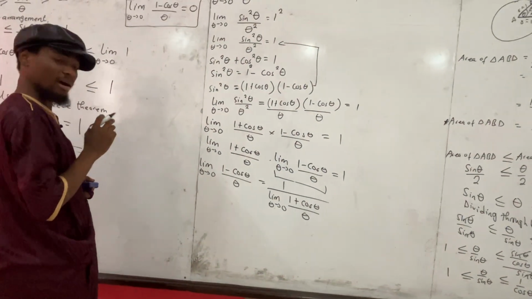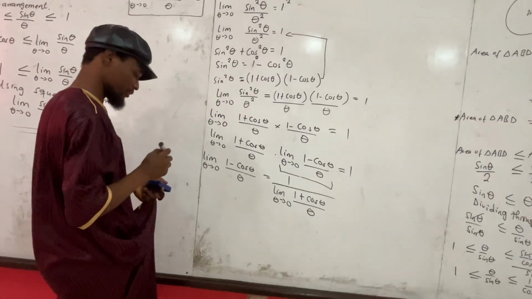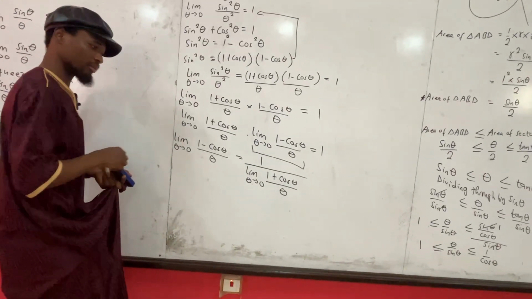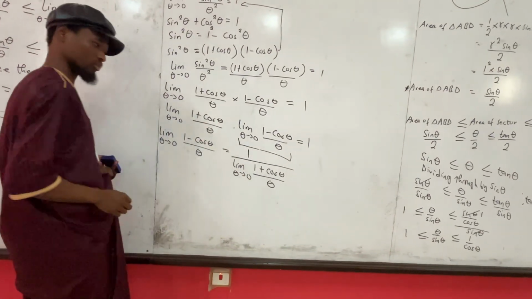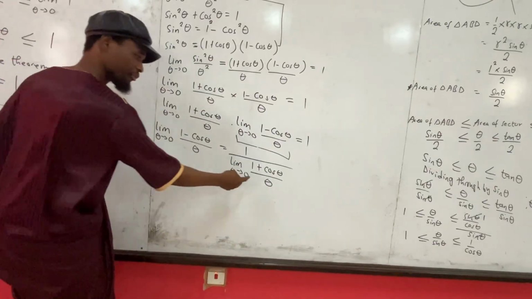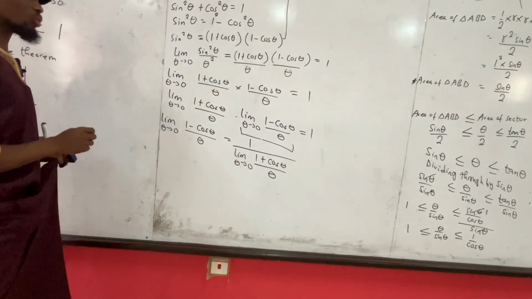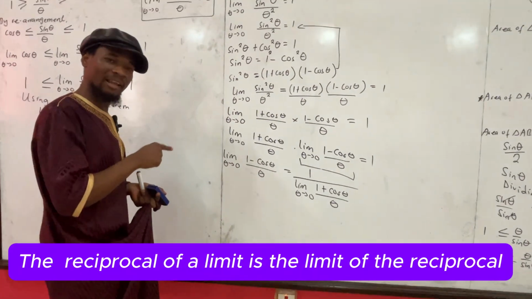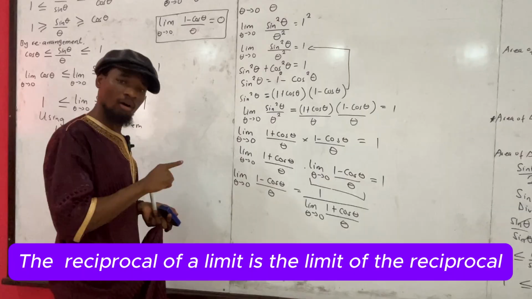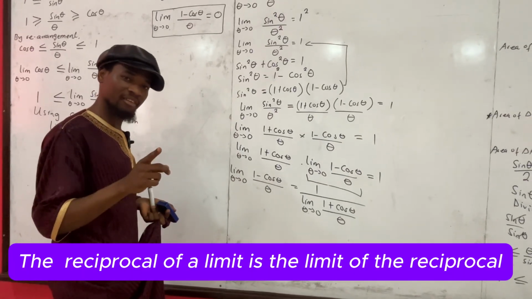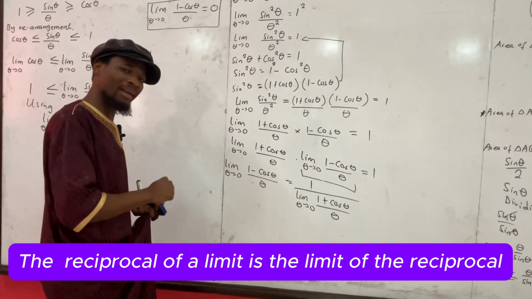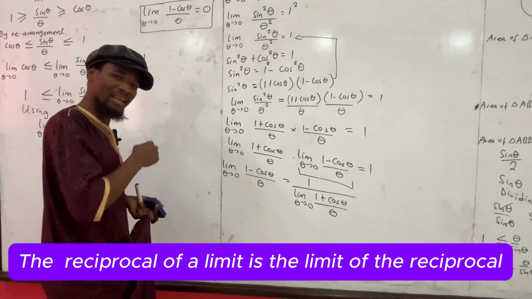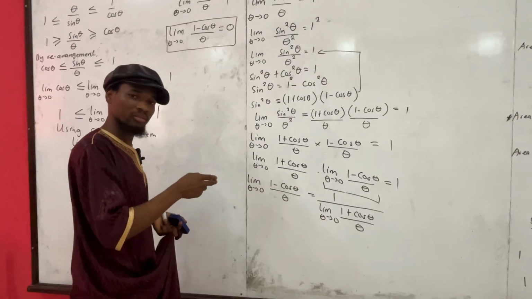As simple as that. Now, what do we do here? Viewers, we can flip this. We know that the reciprocal of the limit is the limit of the reciprocal. Let me take it again. The reciprocal of a limit is the limit of the reciprocal.